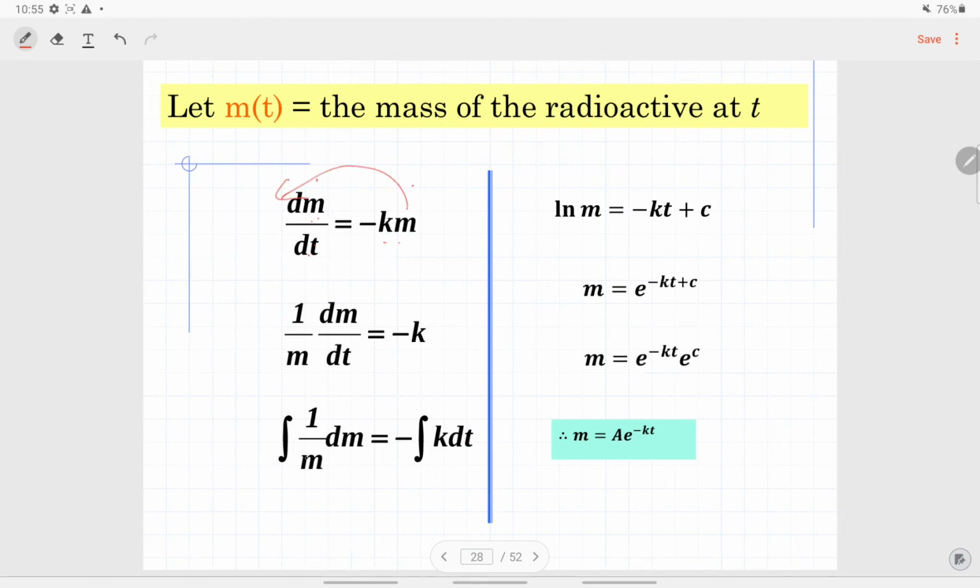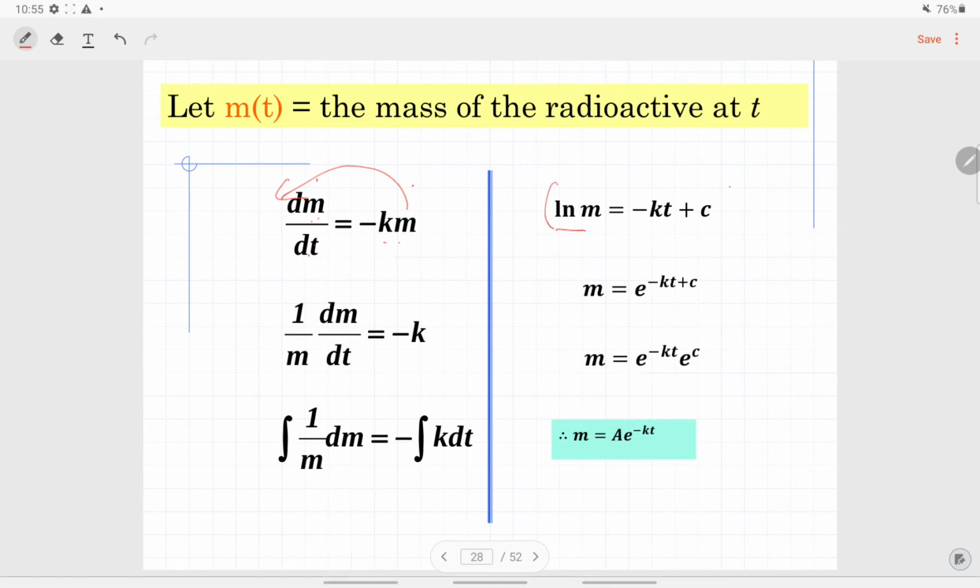We get the integral of 1 over M dM equals negative integral of k dt. Integrating 1 over M, we get ln M, and integrating negative k, we get negative kt plus c.